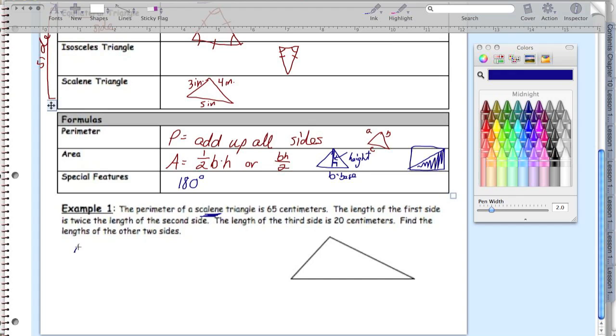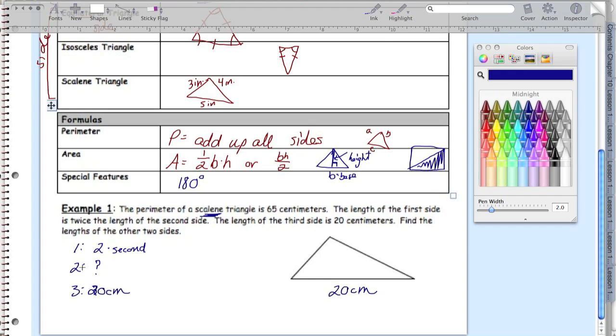For the first side, they tell us the length of the first side is twice the length of the second side. So 2 times second side, because it's twice the length. The second side, they don't give us any information on that one, so we don't know anything. And the third side, they tell us is 20 centimeters. So it doesn't matter which I label first, second, third. I'm going to call this the third side and 20 centimeters.